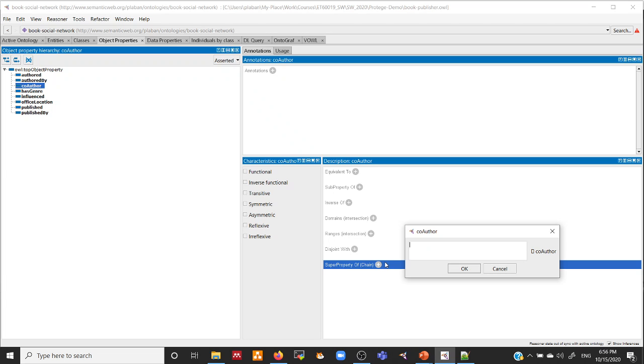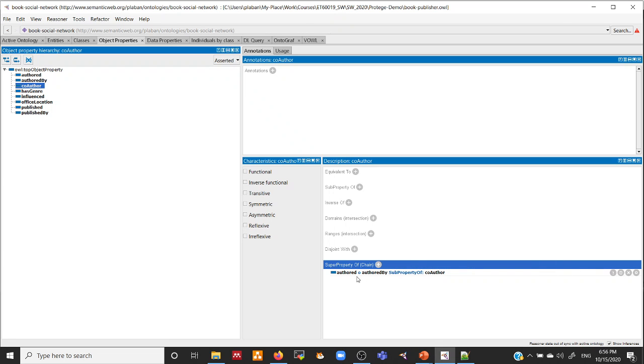If you click on super property of chain, select authored, then authored by, authored followed by authored by. If you say okay, you have defined that authored followed by authored by is a sub-property of co-author.